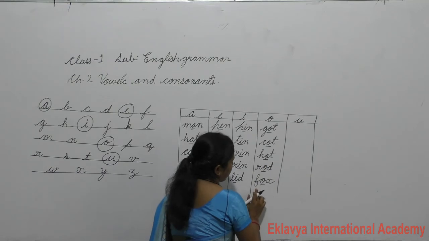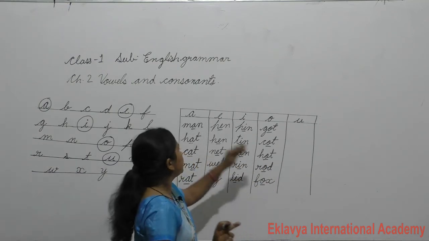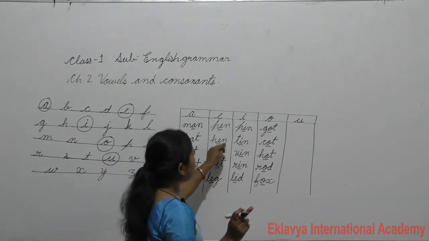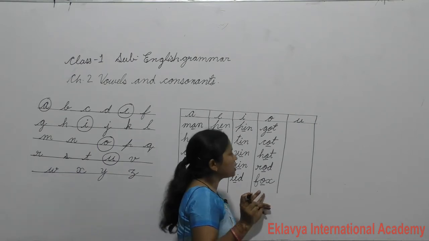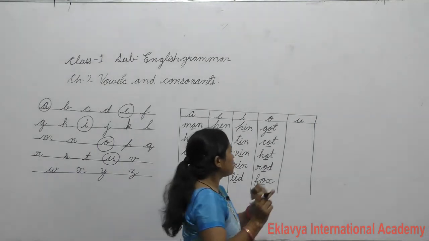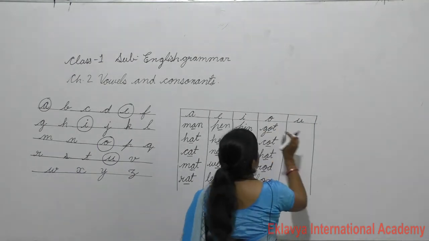R-O-D, rod. F-O-X, fox. This means A sound words, E sound words, I sound words, O sound words and U sound words. Okay, let's see.